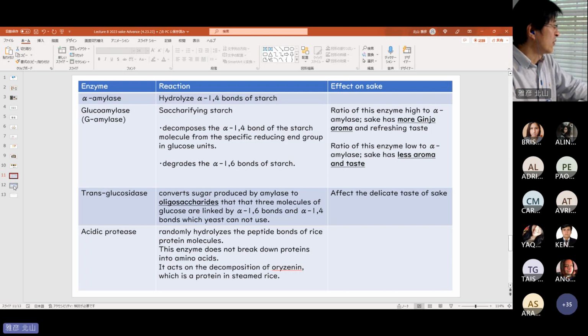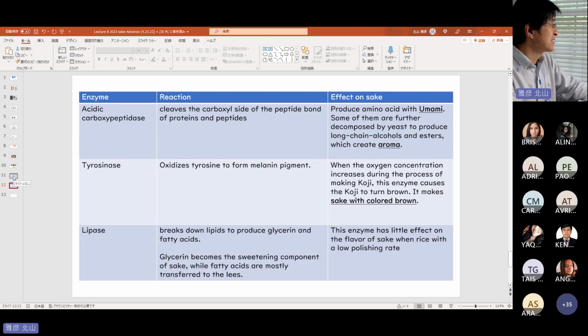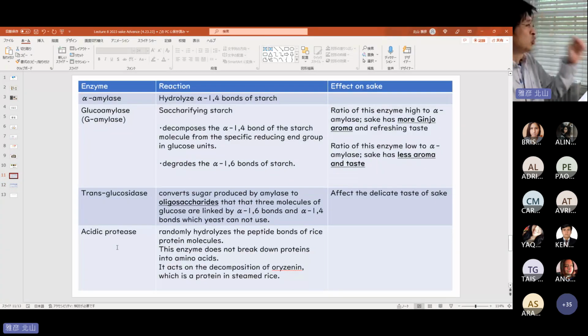And koji also has protease. So koji has enzymes to break down protein to make amino acid. One of the major proteases is called acidic protease. The optimal pH for this protease is acidic condition, so that is why people call it acidic protease.